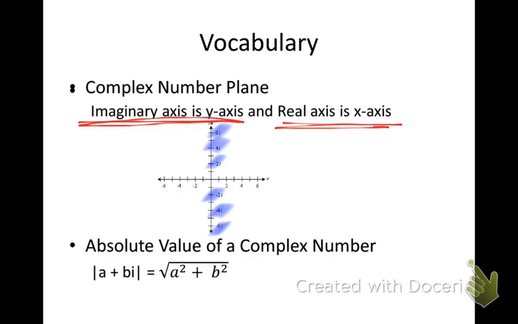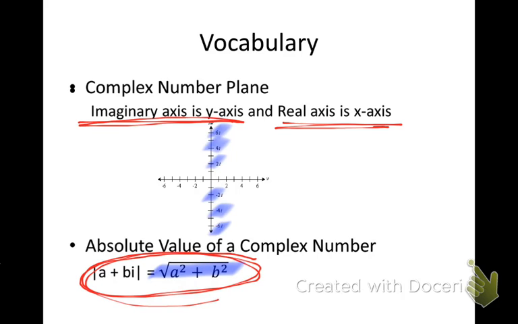And then there's absolute value. Now, everybody knows absolute value is always what, technically? Positive, right? Okay, but does anybody know what absolute value actually measures? It's a distance from 0. Nice job. Absolute value is nothing more than distance. So down here, the absolute value of a complex number is the square root of a squared plus b squared.